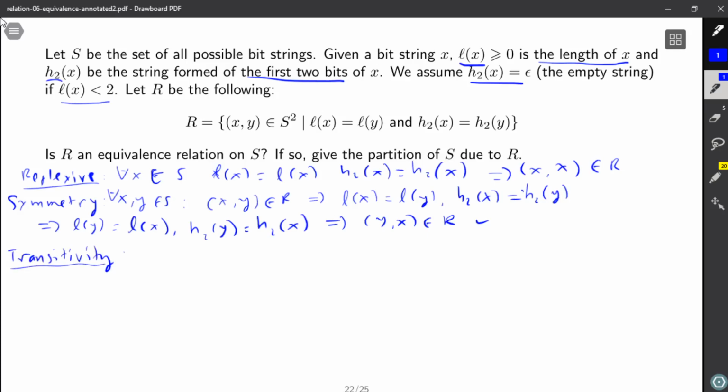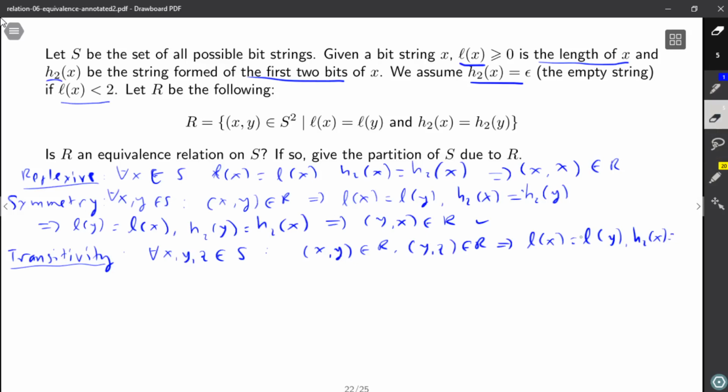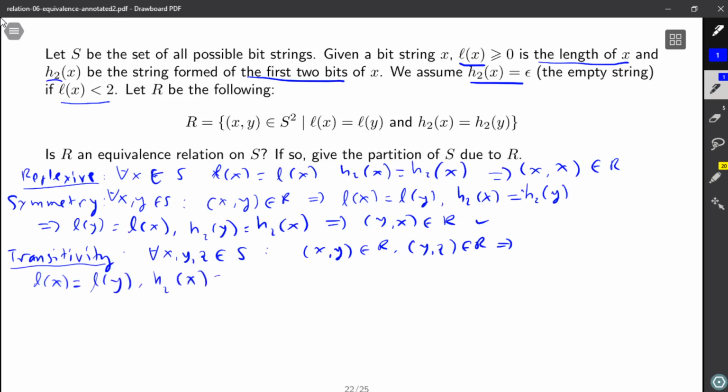Here, note that for x, y, z bit strings, if (x, y) is in R and (y, z) is in R, then L(x) is equal to L(y), h2(x) is equal to h2(y), and also L(y) is equal to L(z), and h2(y) is equal to h2(z).